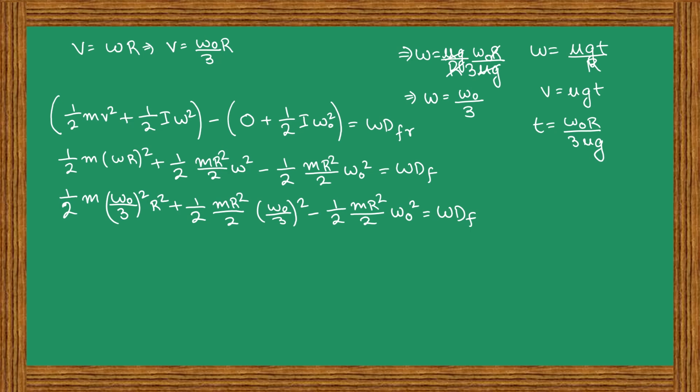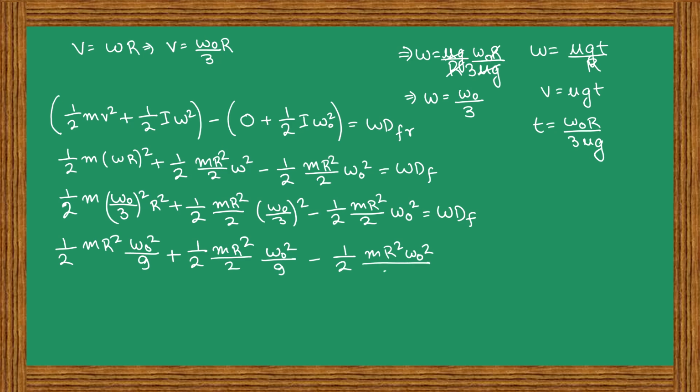Or half m r square omega naught square by 9, plus half m r square by 2 into omega naught square by 9, minus half m r square by 2 into omega naught square. Let me take half common from the term, m r square common from the term, and omega naught square common from the term.